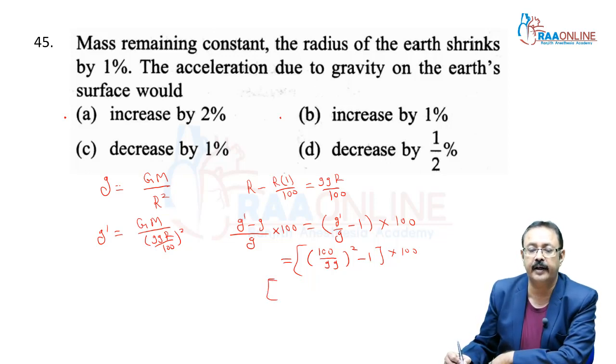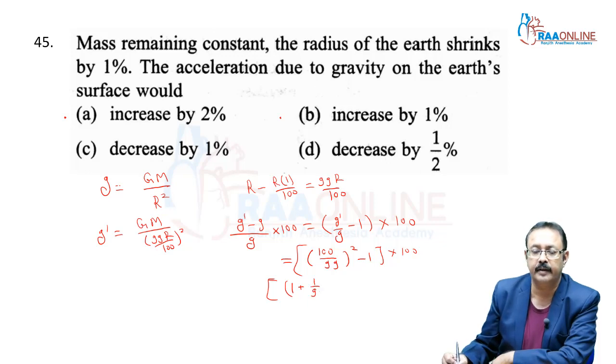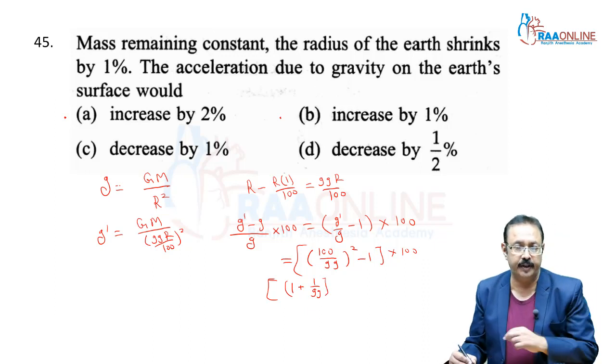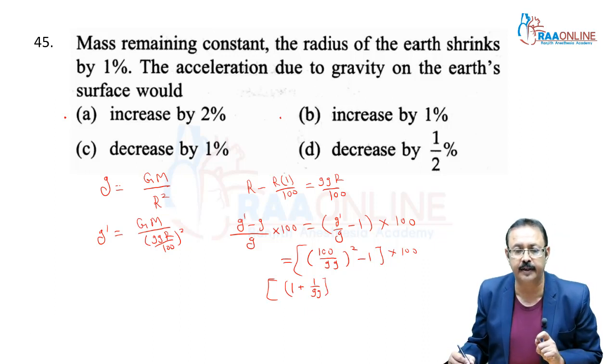So we can write it as 99 by 99 plus 1 upon 99. We want to calculate g dash by g, so it is the square, minus 1, into 100.